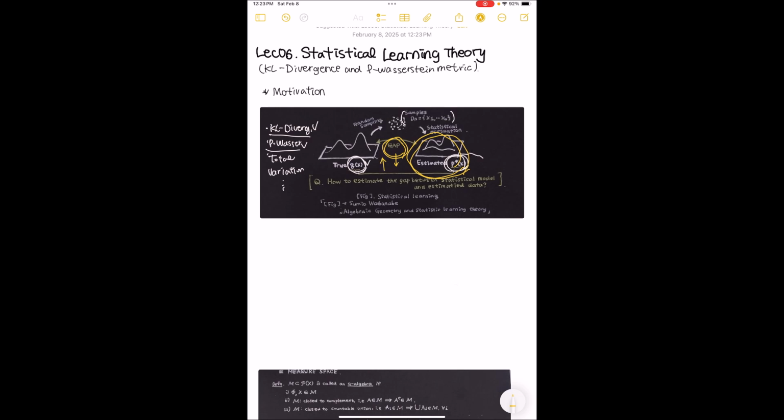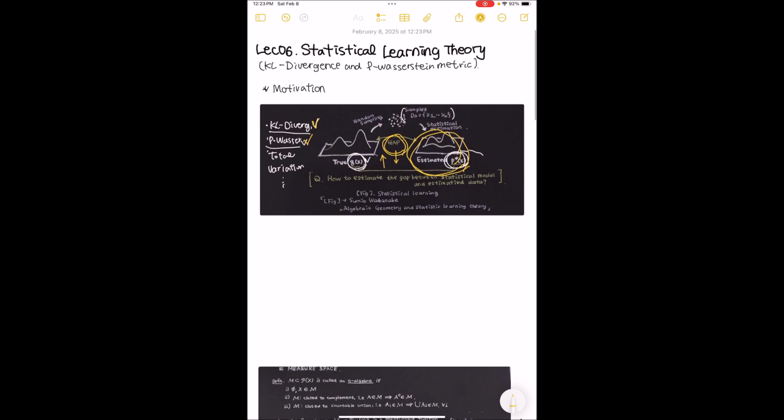Otherwise, if such a value is big, then it is not good data. Anyway, that is the motivation: we should know the two concepts to estimate the distance between two data.